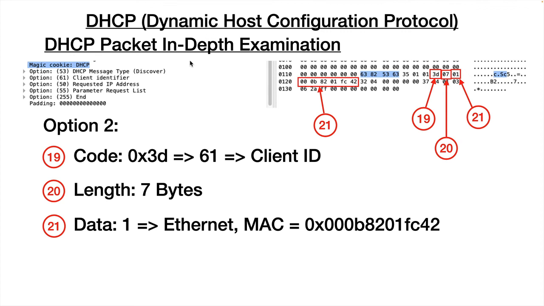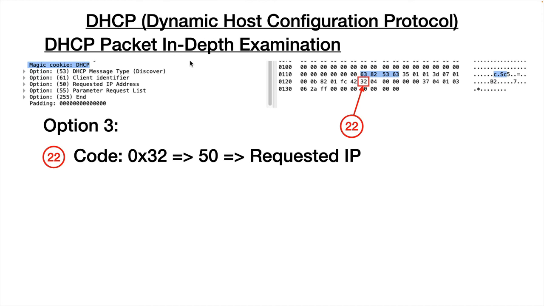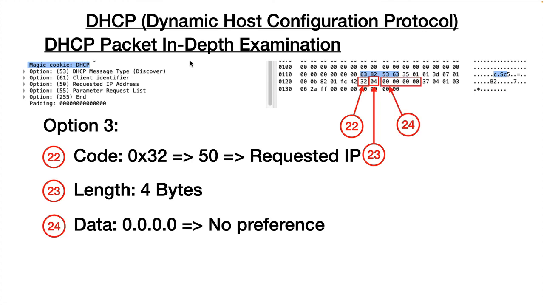And then it has the MAC address. The third option has an opcode of 32 hexadecimal, which is 50. This means requested IP. The length is 4, and all zeros on a requested IP means I have no preference, give me whatever.